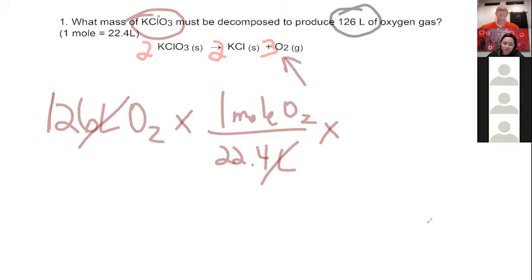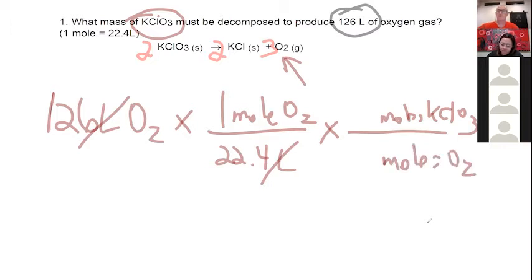So I want moles of KClO3, and I want to get rid of moles of O2. So what do I put in the numerator and what do I put in the denominator? 2/3. Right.